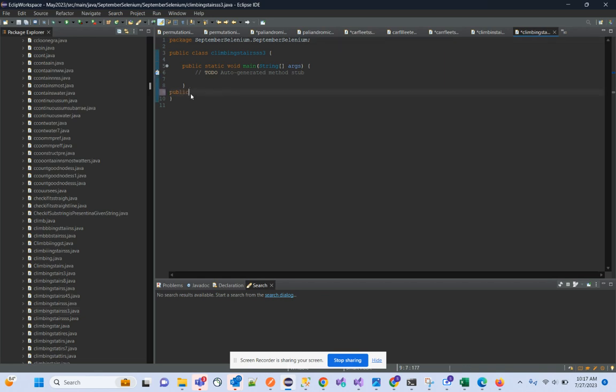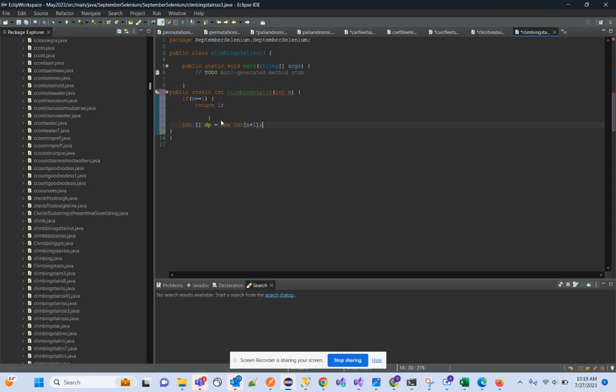So code wise, it is perfect. Static in climbing stairs, and then if n equal to 1, then return 1. We know that, right? Now I am going to initialize the DP array, that is a dynamic programming array, equal to new int of n plus 1.